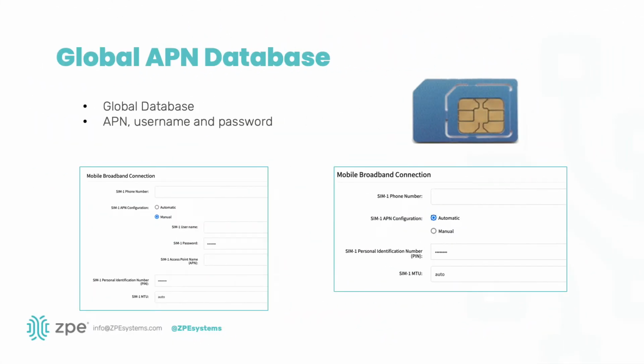One of the challenges around deploying your branch solution, specifically with an LTE connection, is the management of the APN details. The APN details are specified by the ISP, which provides you with your data SIM. They typically contain something like a username, potentially a password, as well as the access point name.